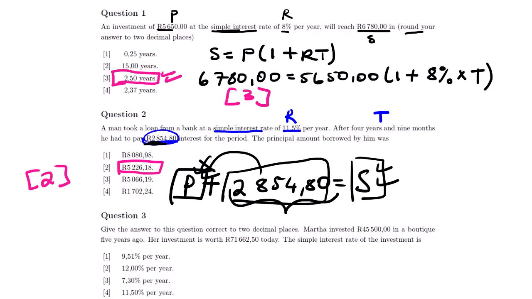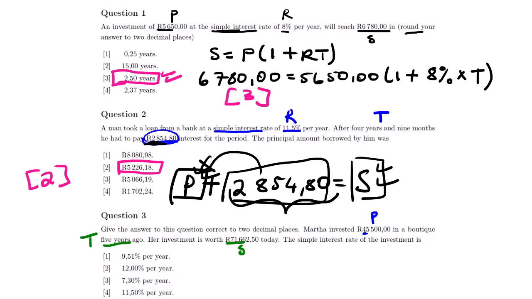The simple interest of the investment is, so we are actually looking for our R. Now this is the present value. After 5 years, the accumulated value is S, which is 71,662.50, and then this is our period, this will be our T, 5 years.